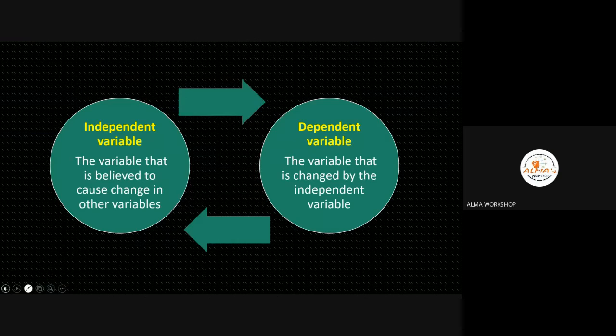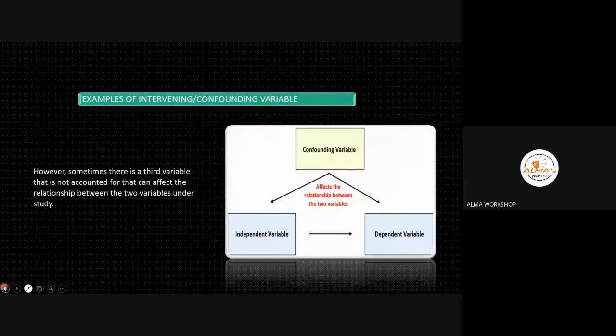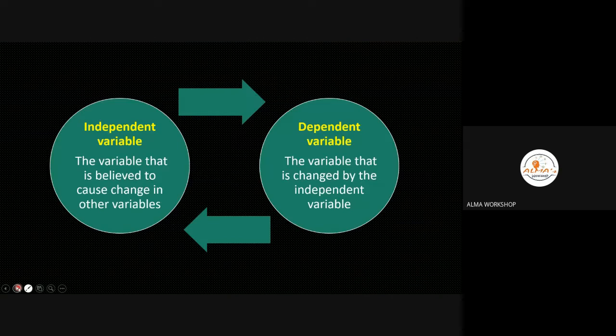Just go about it. In the previous slides, we were talking about active and attribute variables. The intervening variable is otherwise called a confounding variable. So if you take poverty and lifespan, in between we have lack of access to health care as a confounding variable, or otherwise the intervening variable.